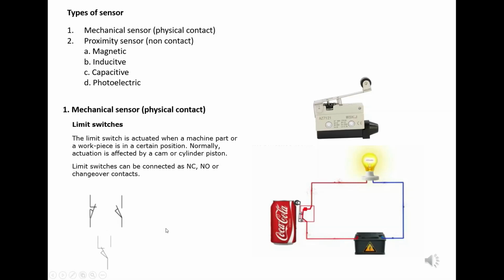Tapi simbol yang saya letak ni untuk FluidSIM, kalau kita gunakan Automation Studio, simbolnya lain sikit. Nanti saya akan tunjuk pada bahagian litar kawalan 2 silinder bagi Electropneumatic nanti ya.